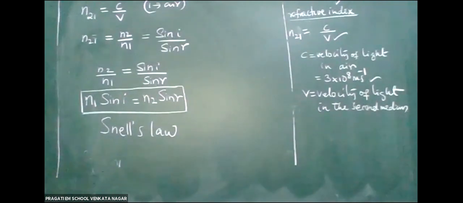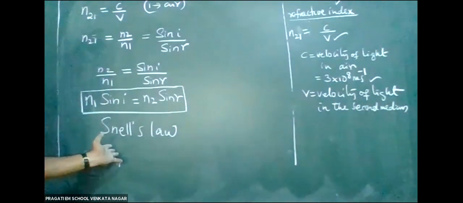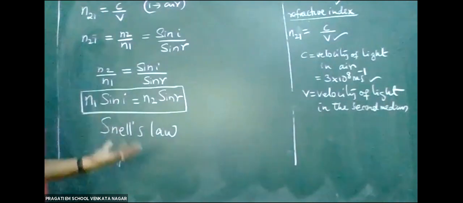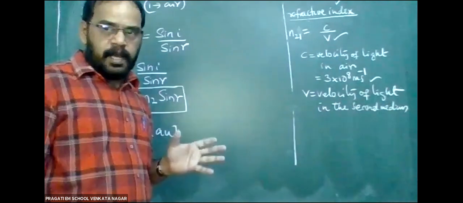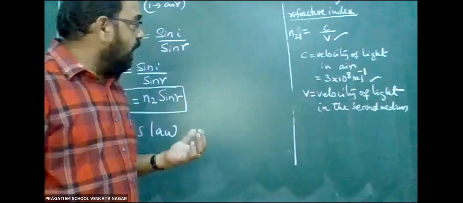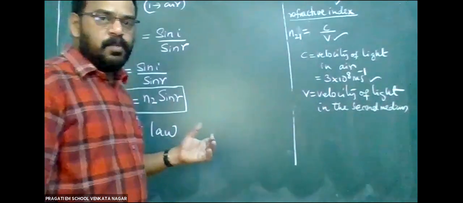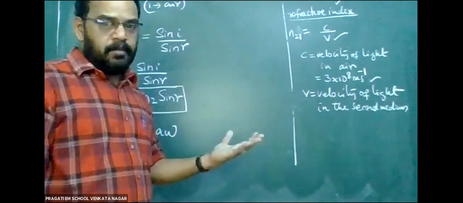So in the examination, if they ask what is Snell's law, you can write either the first definition or even this definition. What is the first definition? Refractive index is a constant, that is the ratio of velocity of light in air to velocity of light in a medium. That is called the refractive index of the medium, not the air.